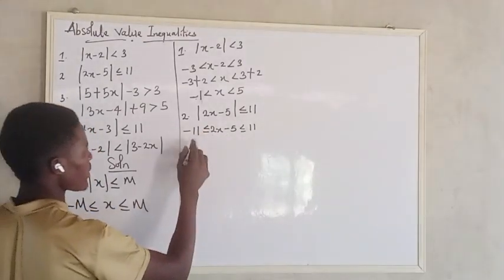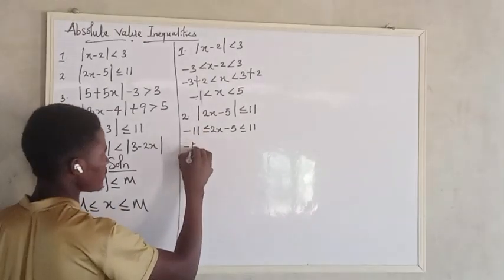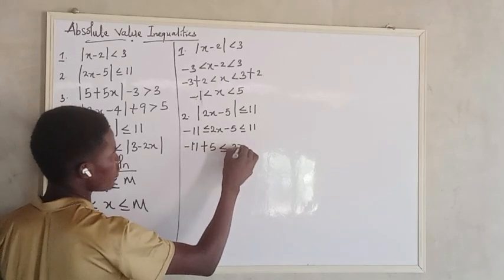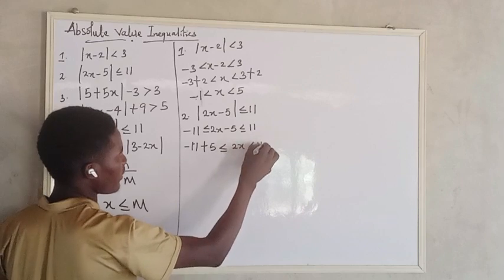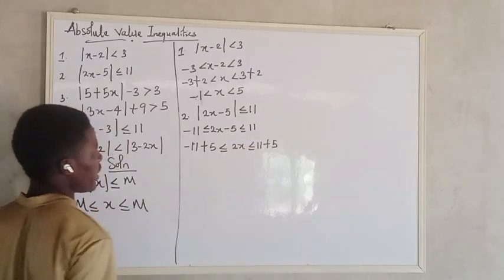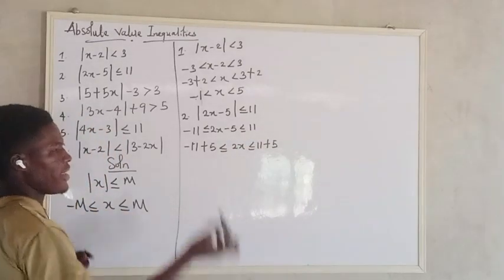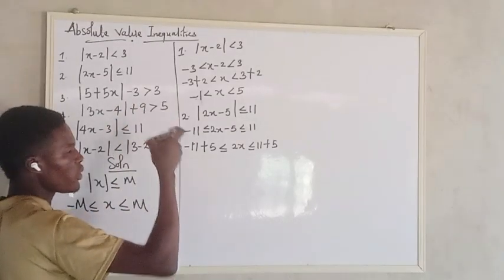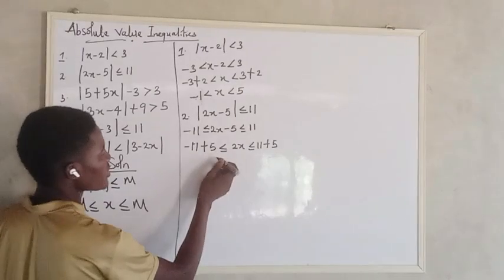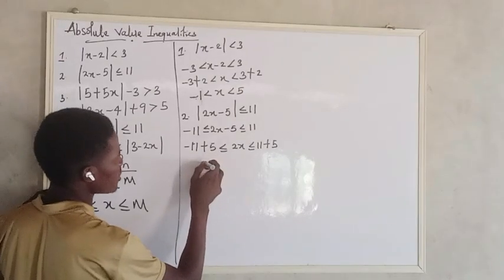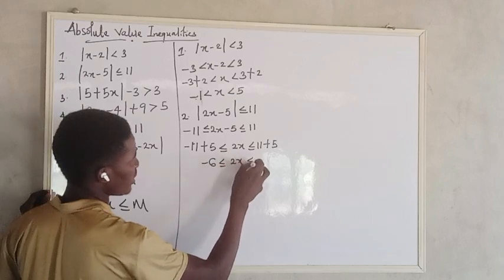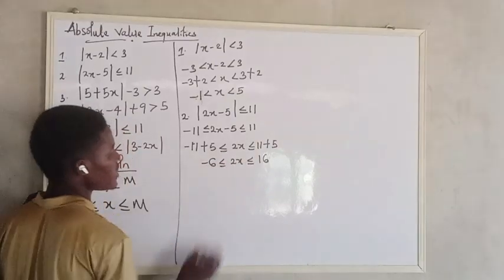So make x the subject: minus 11 plus 5 less than or equal to 2x less than or equal to 11 plus 5. Just like the principle we applied under absolute value equations. So minus 11 plus 5 gives us minus 6 less than or equal to 2x less than or equal to 16.